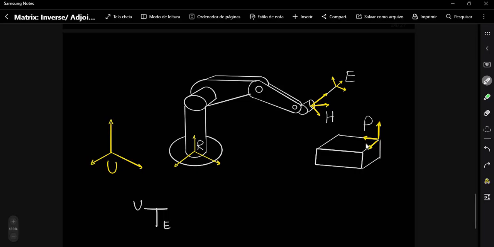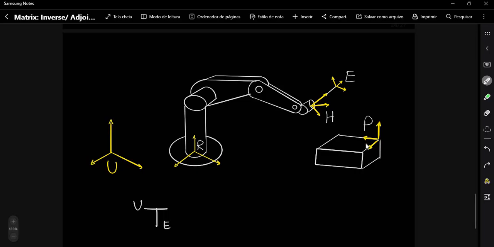We need to pass coordinates to this robot, otherwise we won't be able to know its localization, its orientation, its position, and how we can perform a task, such as drilling holes, grabbing objects, or recording an object with a camera.